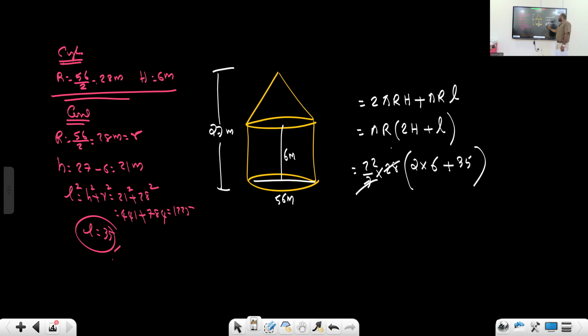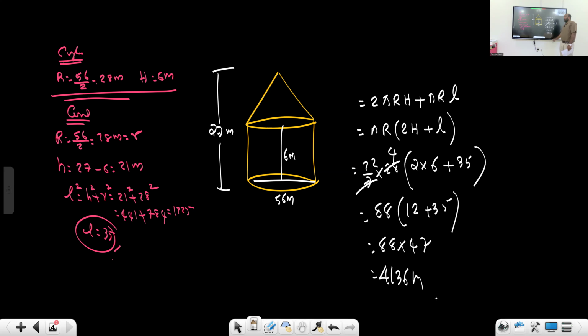This cancelled 4. 88 into 12 plus 35, 88 into 47, 4136 meters square. They are not asking any cost or something, only they are asking area. 4136 meters square.